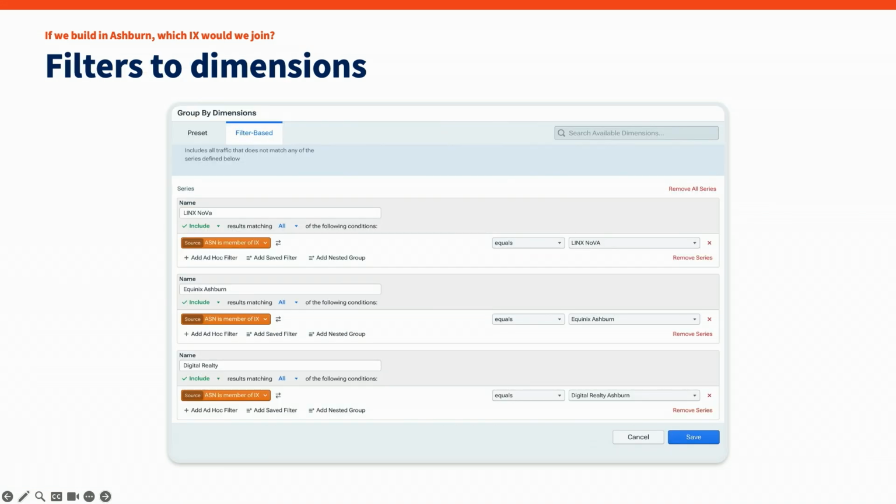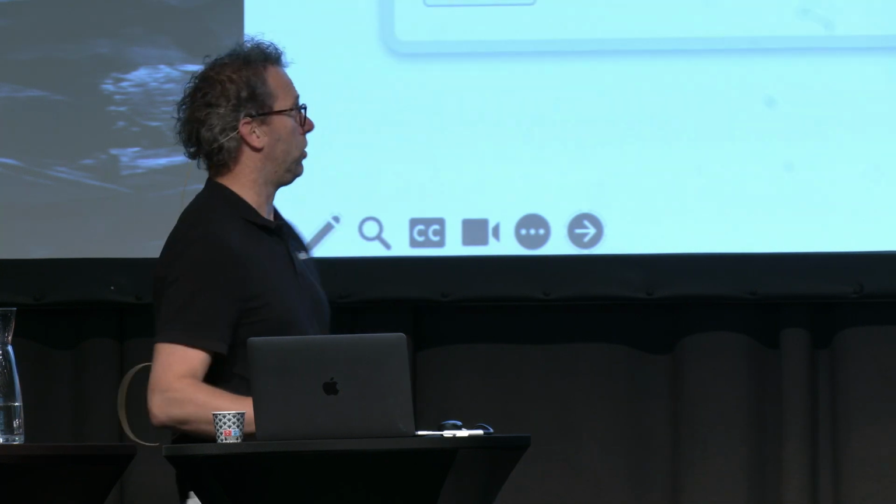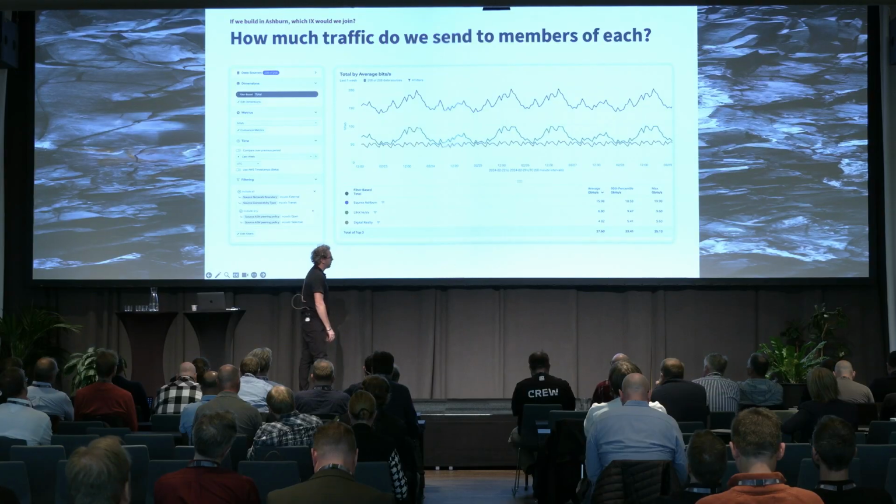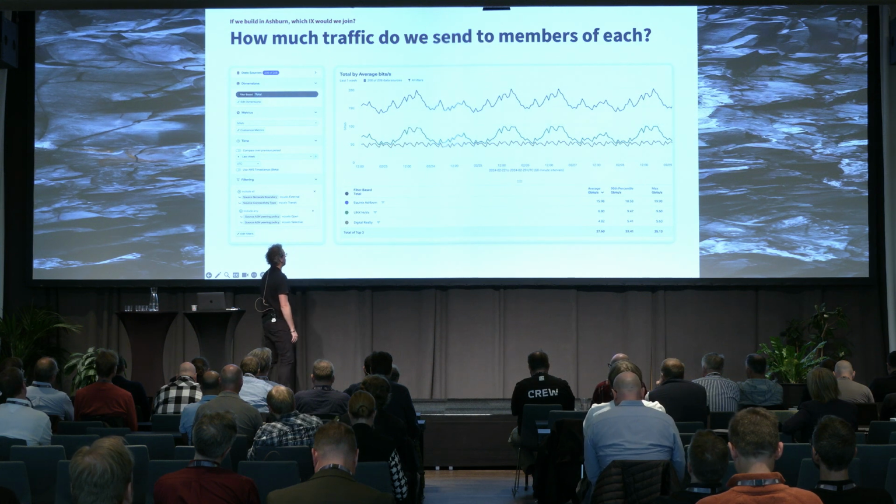So now you can see by using these types of filters, breaking it down, we can actually see how much traffic you would have if you would connect to these internet exchanges. So this helps you decide, okay, based on this traffic, the internet exchange that would carry most of it would be Equinix in Ashburn in this example.